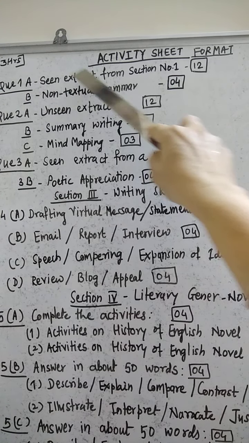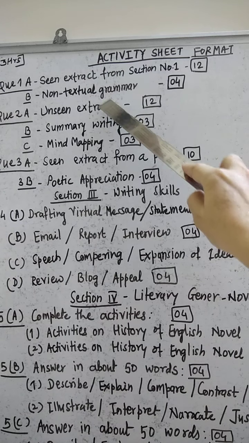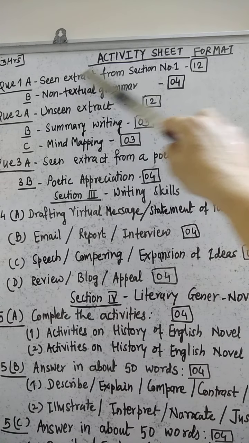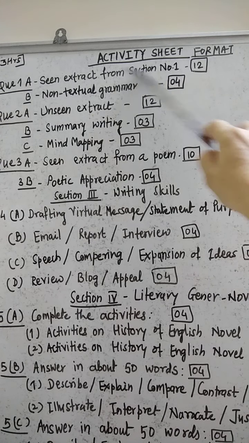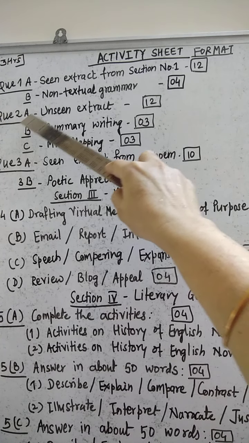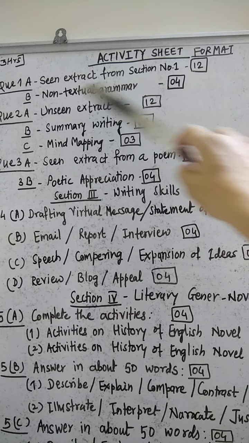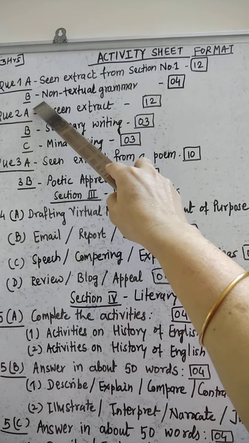So question 1A and question 2A are almost similar, except that question 1A is based on the prose, that is the seen extract, and 2A is based on the unseen extract.